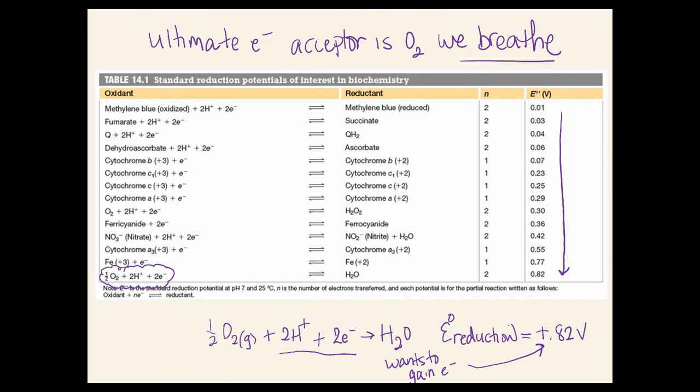As we see all the processes in the upcoming slides, we can explain it through these voltages, essentially, that the more positive species will want to gain compared to the negative ones on these charts. If they're more negative, they're going to want to oxidize. So remember, in redox, something always oxidizes and something has to be reduced. They're processes that go together. And at the end of the day, the oxygen we breathe is the ultimate electron acceptor in this whole process.